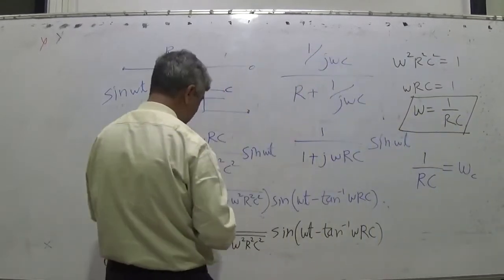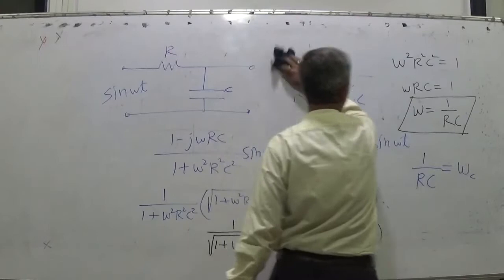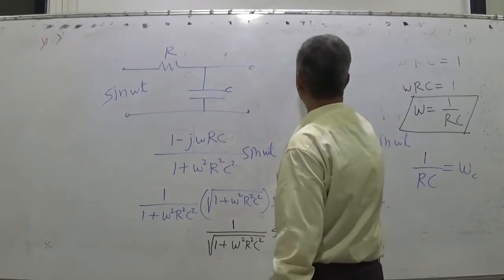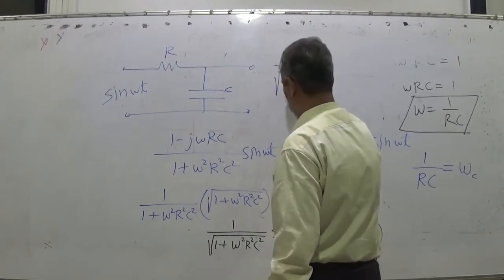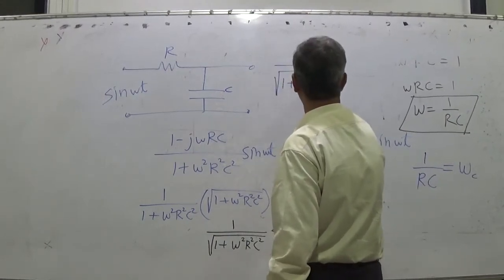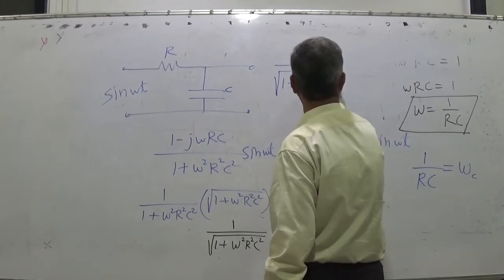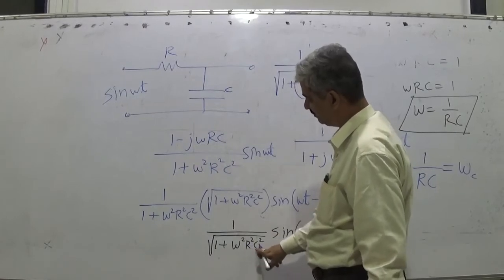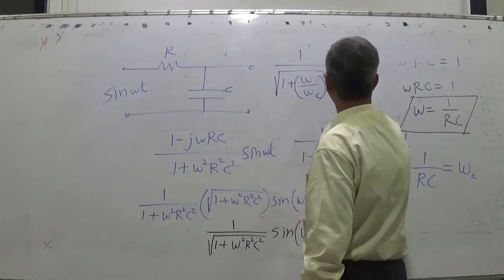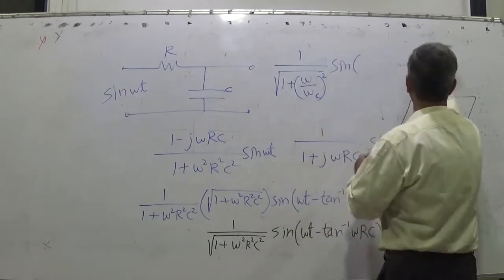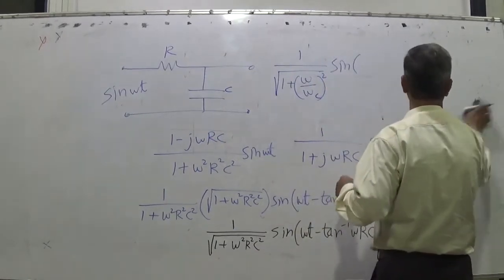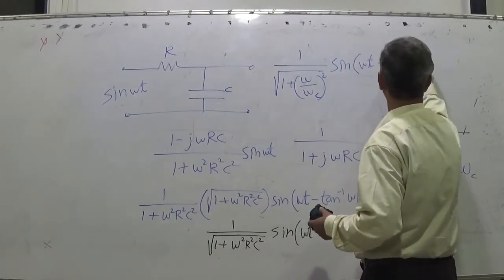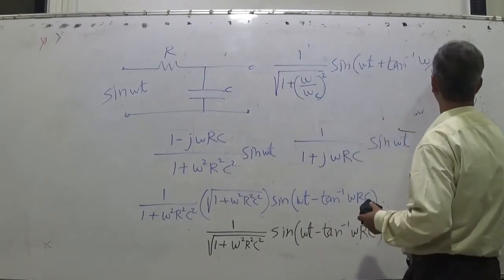So you can alternatively represent this as: the output is 1 upon under root 1 plus omega upon omega c, square, since RC is 1 upon omega c, so R square C square is 1 upon omega c square, sin of omega t plus tan inverse of omega upon omega c.